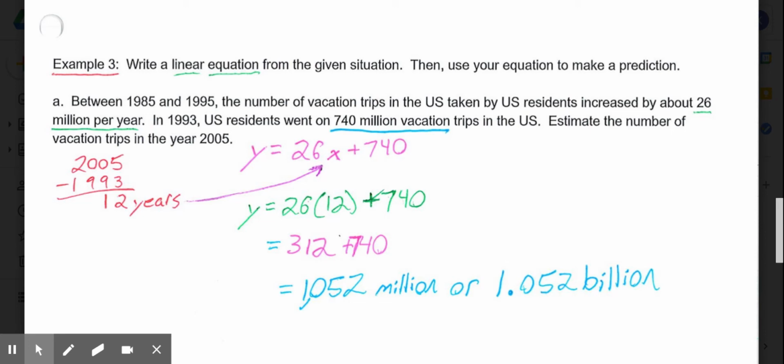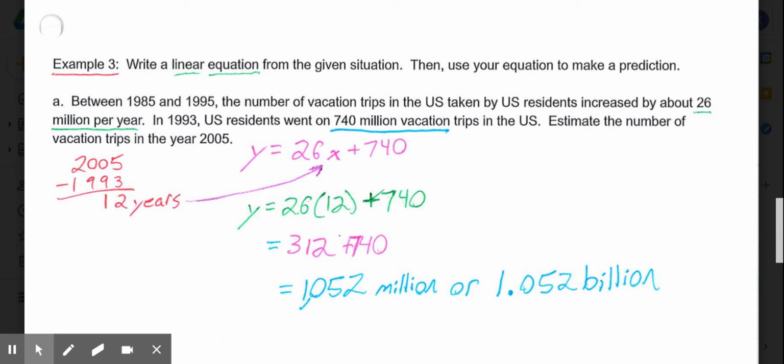In 93, U.S. residents went on 740 million vacation trips in the U.S. Estimate the number of vacation trips in the year 2005.